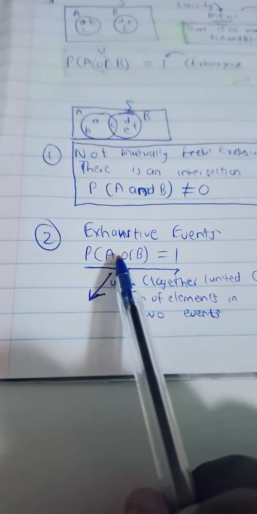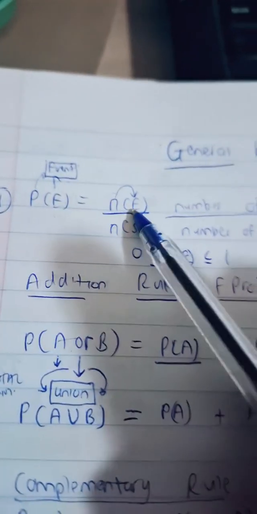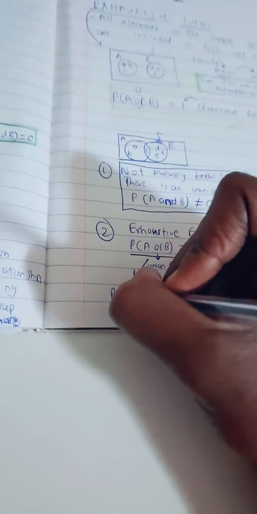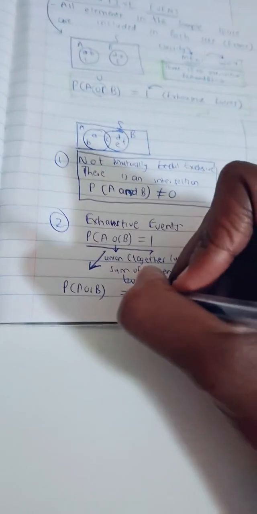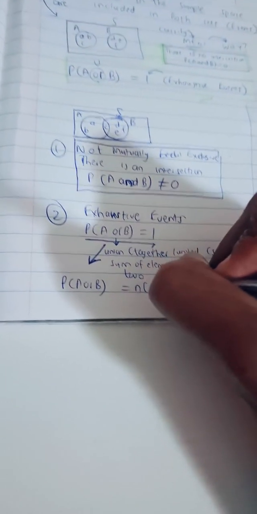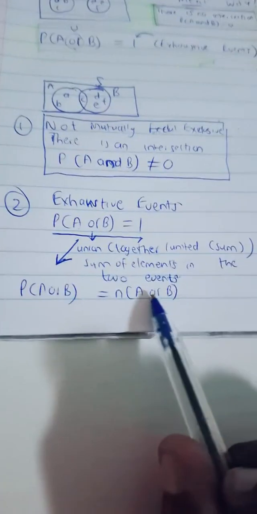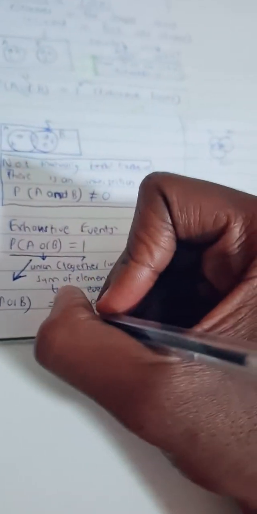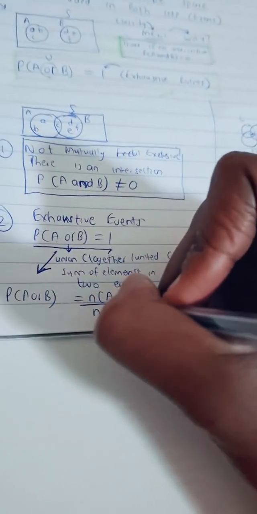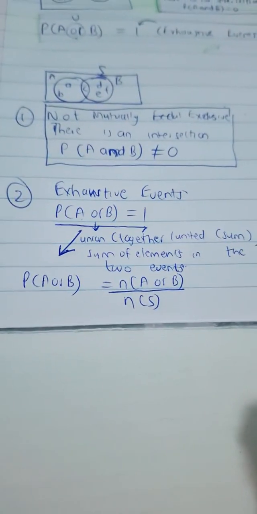Okay? If we look at the definition of probability, if we were to say, what is the probability of A or B? The probability of A or B will simply be the number of elements in A or B over the number of elements in the sample space. Are you guys with me?